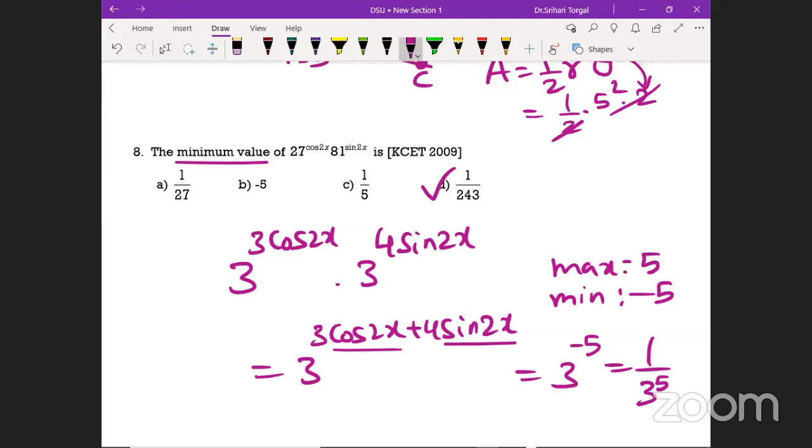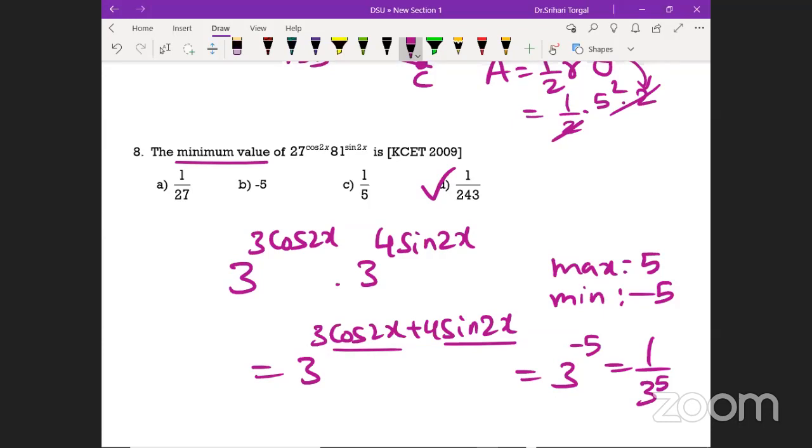No, it is not minus 5. Option B is not the answer here. Minus 5 is the minimum value of the power. What is that power? 3 cos 2x plus 4 sin 2x. That is why I have written 3 power minus 5. That is 1 by 3 power 5. 3 power 5 is 243.